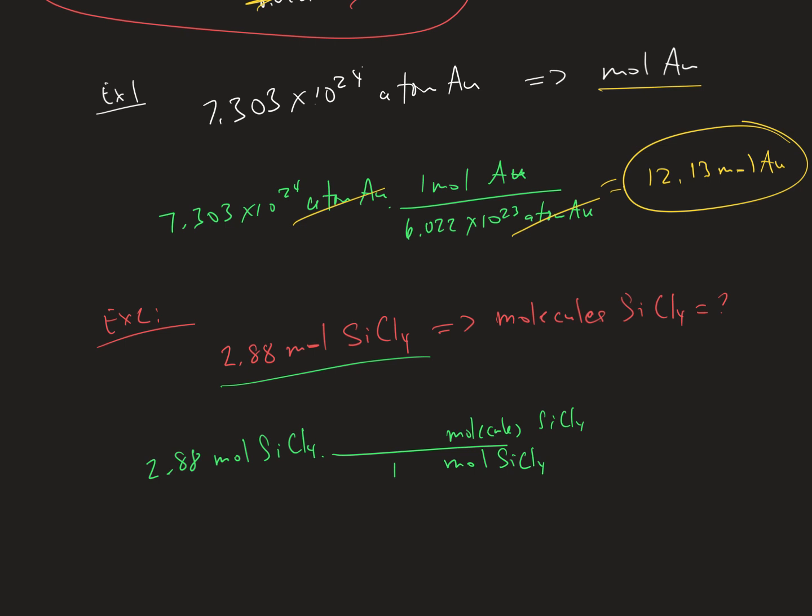How many molecules do we have? Okay, 6.022 times 10 to the 23. That goes away. Now we multiply, because now it's on top, right? And we should get 6.94 times 10 to the 24 molecules of silicon tetrachloride.